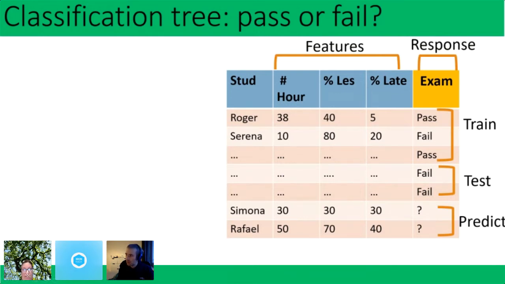These are called the features, and the response is whether the student will pass or fail. This is also called the response or target.